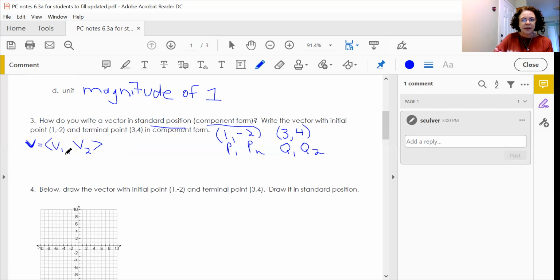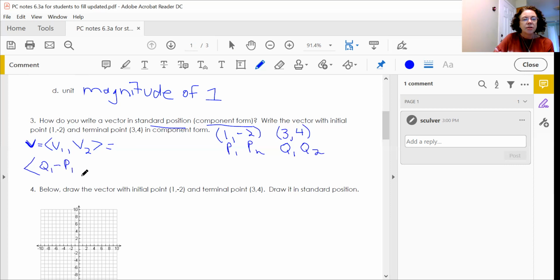Okay, so it's really an XY point if you put it on an XY plane, but it's a horizontal and vertical component that we call V1 and V2 because it is related to a vector. And where that comes from is we will do terminal minus initial, Q1 minus P1.